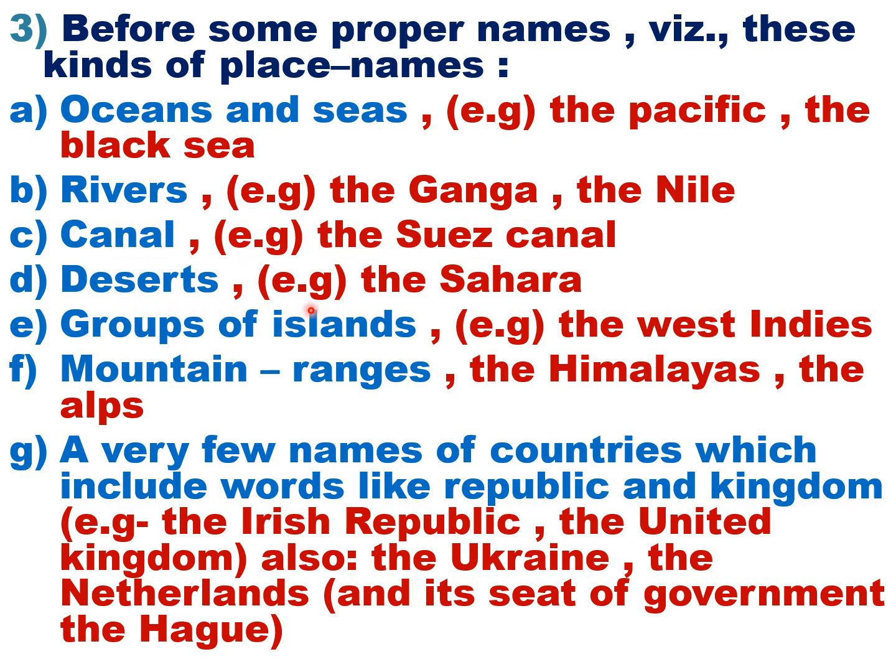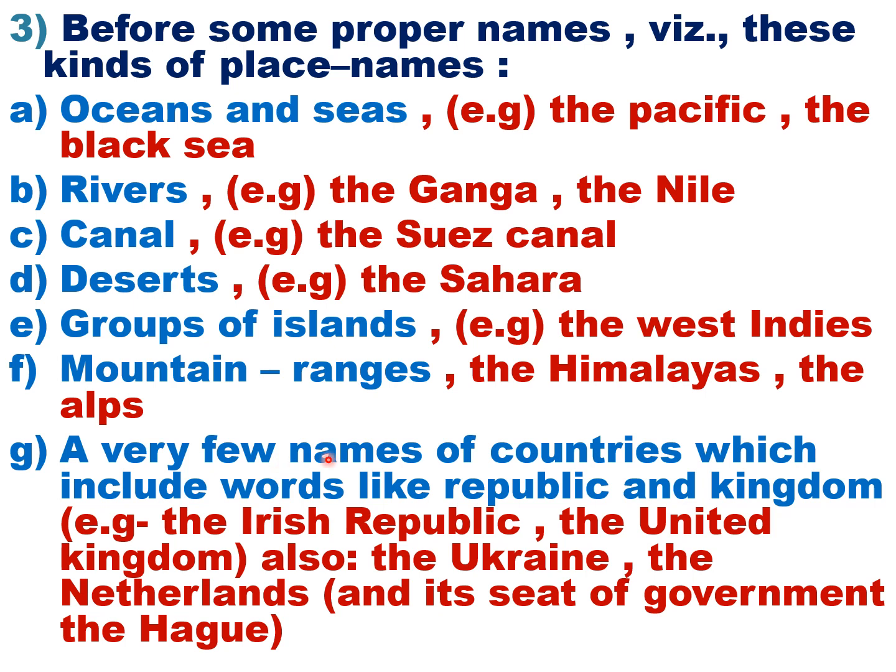Before deserts, the Sahara. Groups of islands. West Indies is a group of islands. The West Indies. Mountain ranges. Himalayas and Alps are mountain ranges. Before these mountain ranges, we can use the definite article: the Himalayas and the Alps.